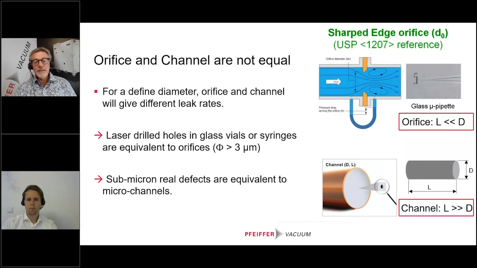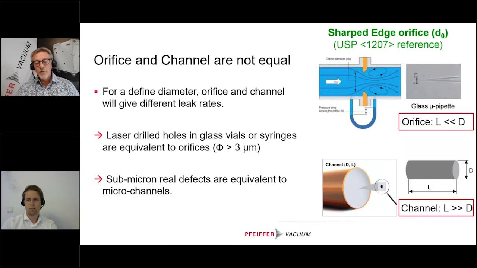A sharp edge orifice is only defined by a diameter because the length of the leak path is very small. We have like a diaphragm, and a sharp edge orifice is defined just by a diameter. If you are using a micropipette, a glass micropipette is very close to a pure sharp edge orifice. If now you consider a microchannel, you have to consider not only the diameter of the defect, but also the length of the leak path.